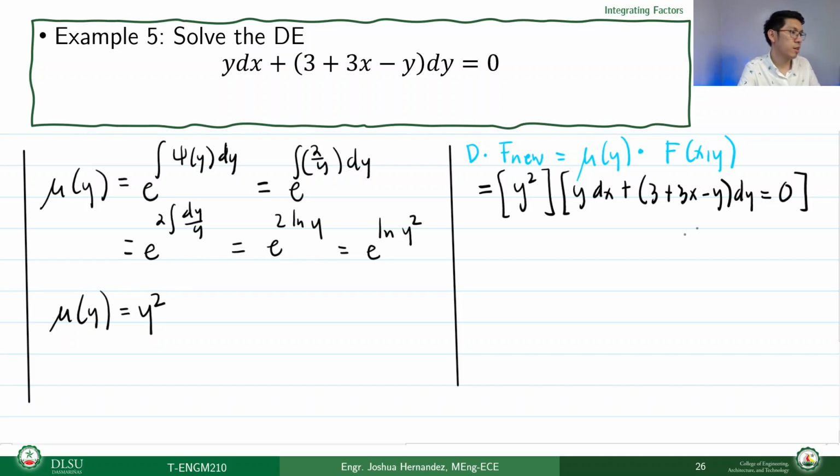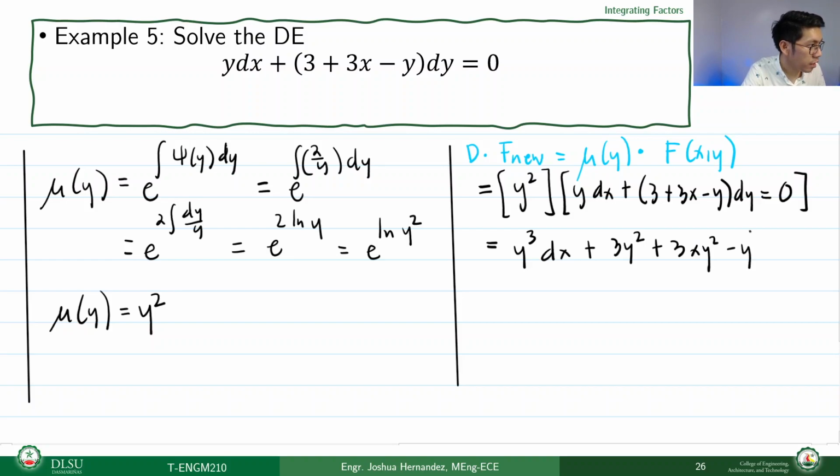So that whole equation gives us y cubed dx plus (3y squared plus 3xy squared minus y cubed) dy. Yan. Of course, equal to 0. Right.